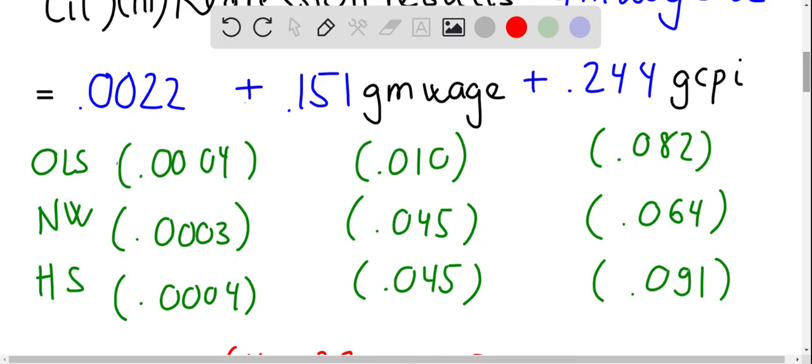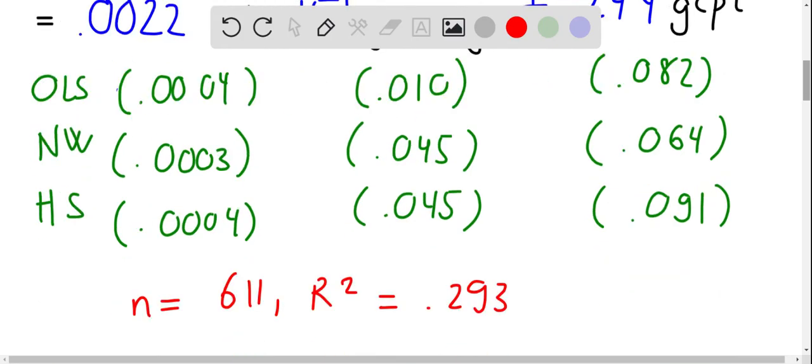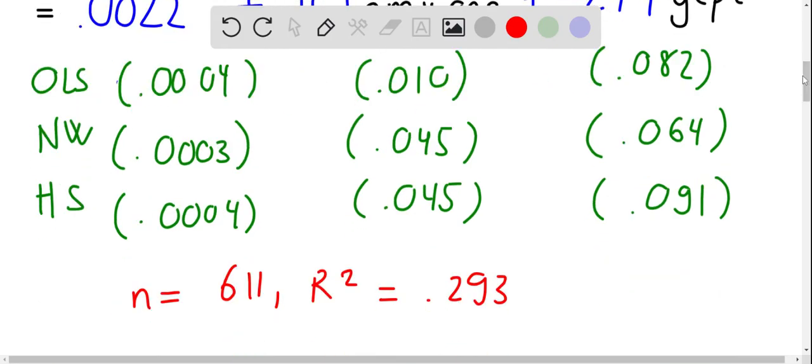The second line is the Newey West standard error type, and the last line is heteroscedasticity robust standard errors. We have over 600 observations, and the R-square are the same for 3 types of standard errors, which is 0.293.